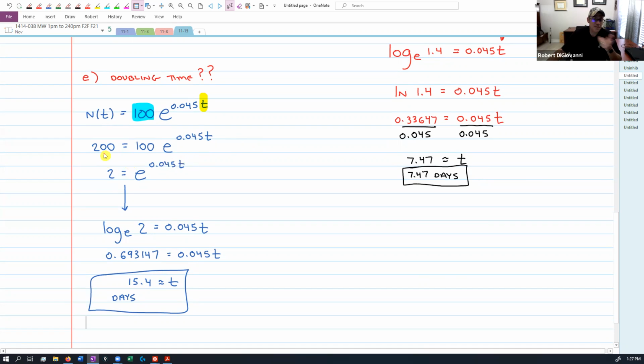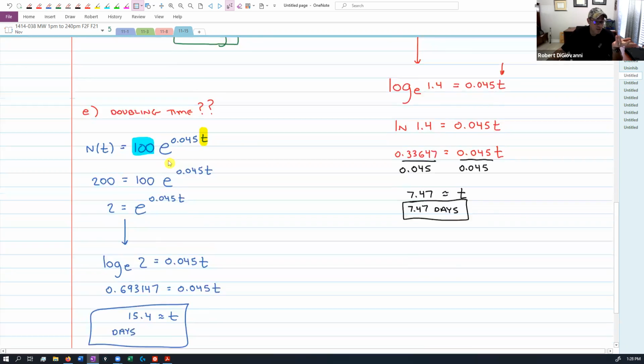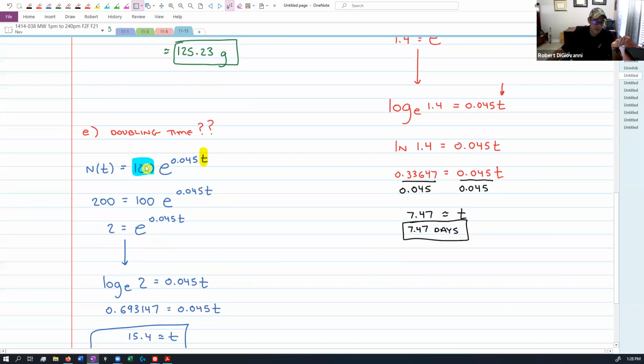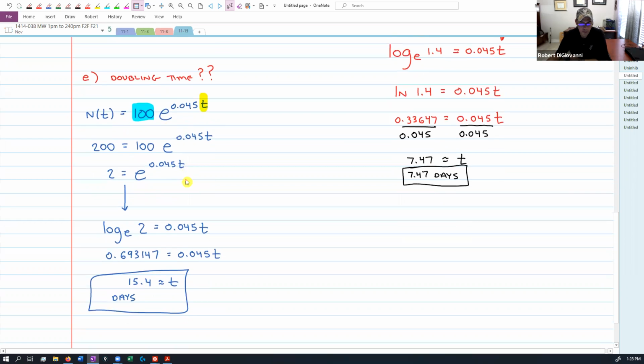If it said, how long would it take to quadruple, then we would replace it with 400. So it depends on the language of the problem. Here they want to know the doubling time, so we put twice the initial value of 100. But we could just as easily have done triple or quadruple. Questions? That's our first example.